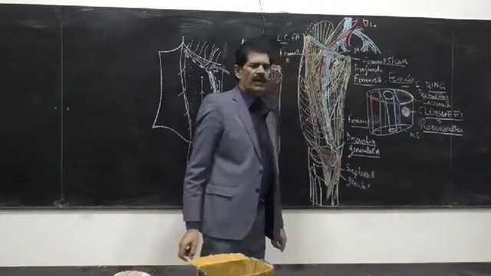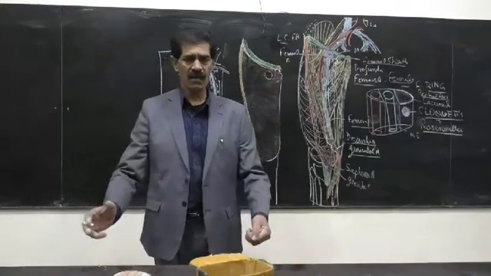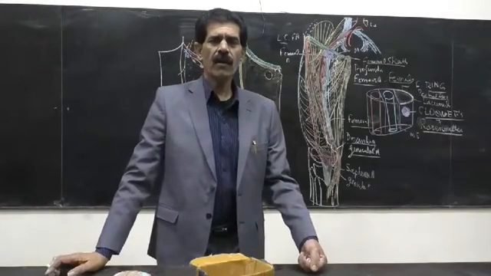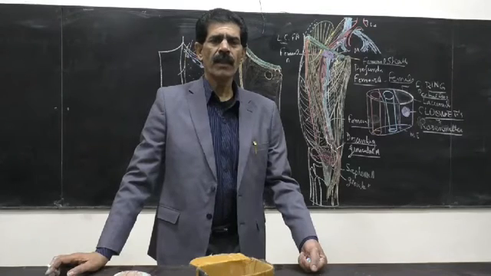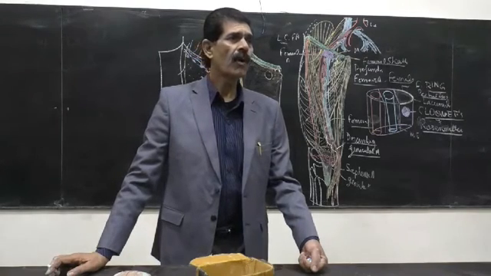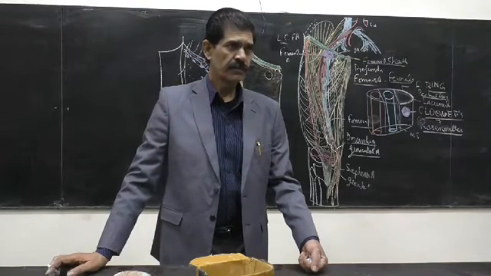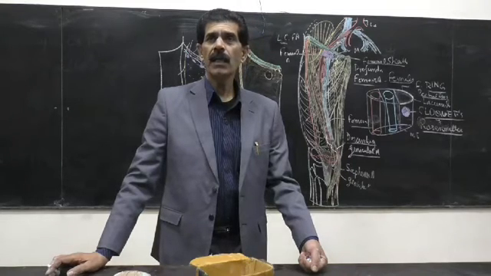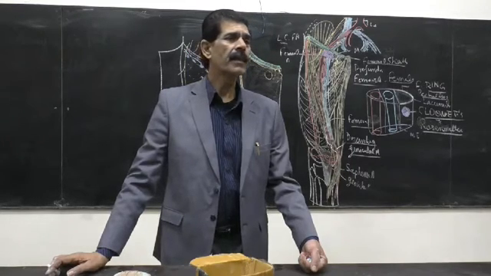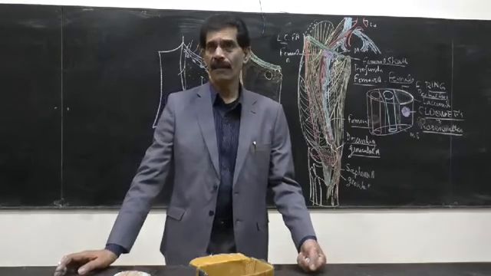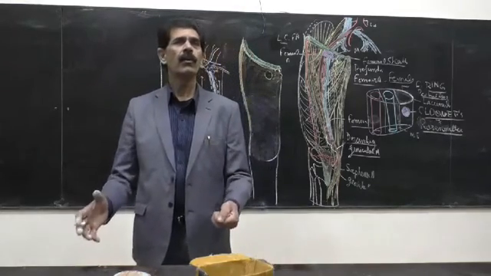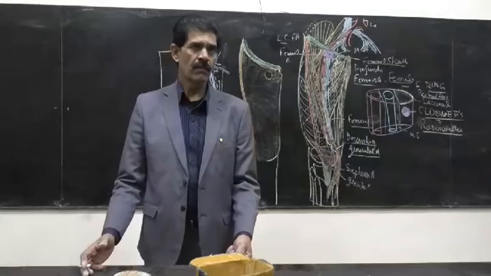So why is it common in the female? There are certain causes. Number one cause in the female is that the blood vessels are small in size. The femoral vein and femoral artery, their lumen or diameter is lesser than in the male, because the male has more muscles and does more muscular work.